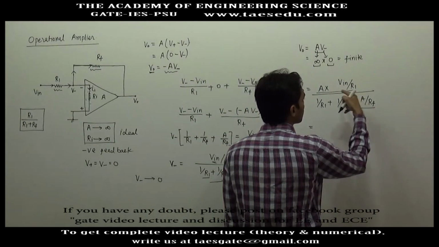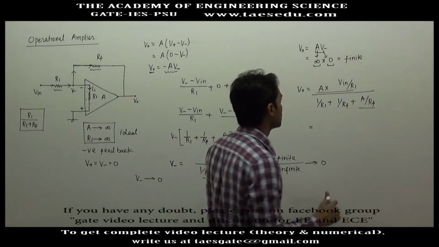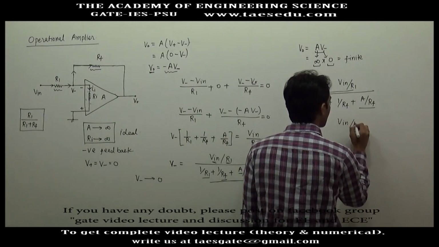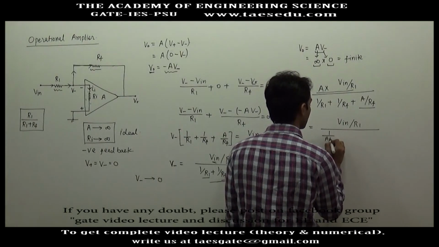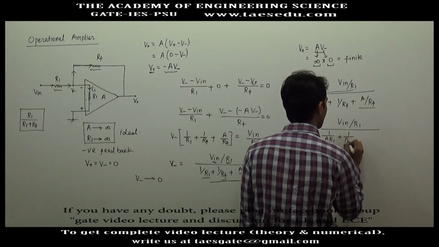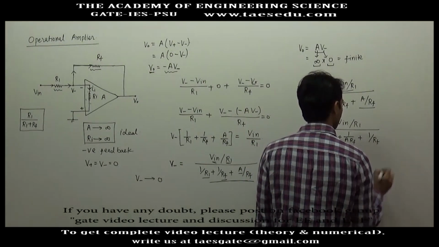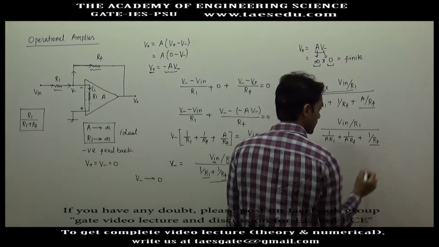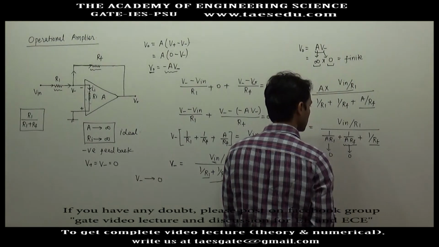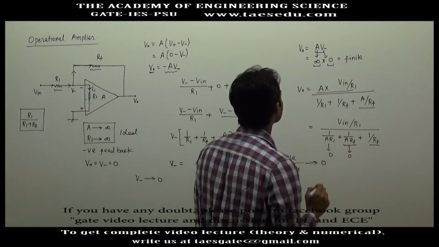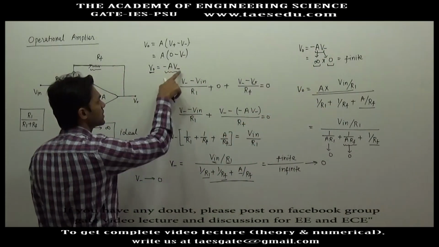If you divide by A both in numerator and denominator, you will get V input divided by R1, divided by 1 upon A R1 plus 1 upon A Rf plus 1 upon Rf. This quantity is finite. What about these quantities? This will tend to 0, this will also tend to 0. Here we had a minus sign: V naught equal to minus A into V minus.